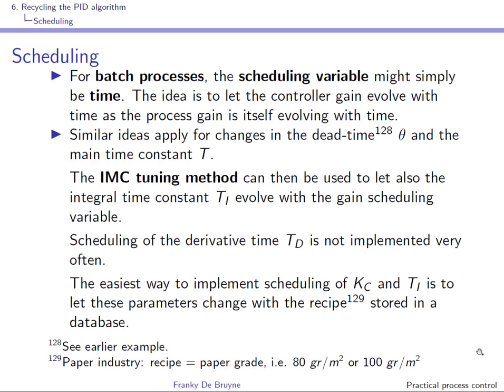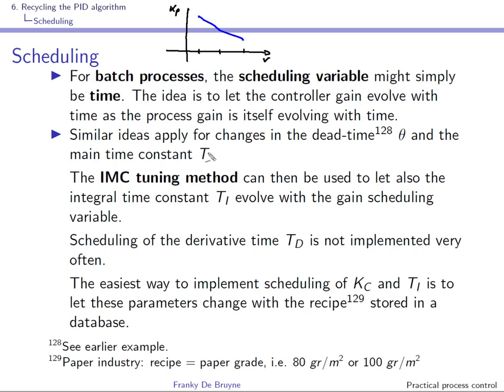Well, we have seen so far examples where the process gain, Kp, is evolving as a function of a gain scheduling variable, so that you look at different operating points and you can kind of see that, for instance, the gain is decreasing, right? That you have a relation that is like this. But you can imagine that something similar can happen for changes in the delay or changes in the main time constant.